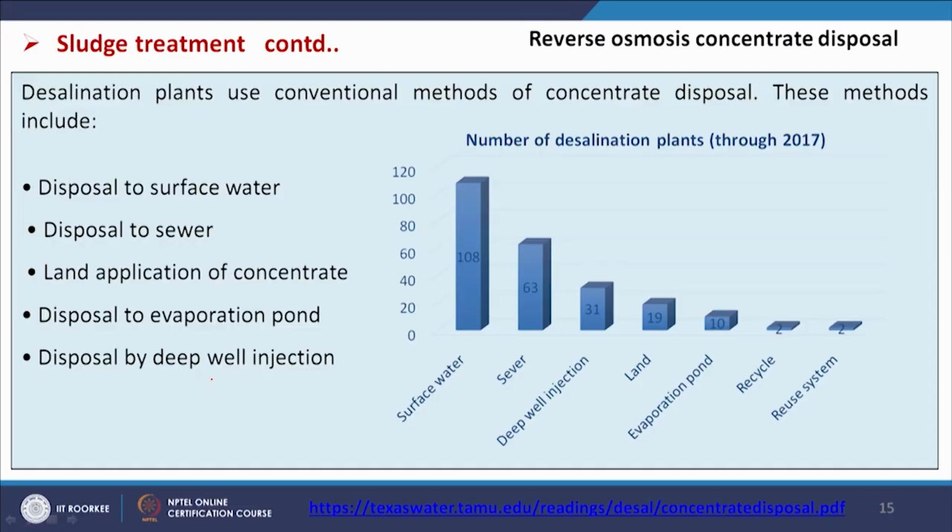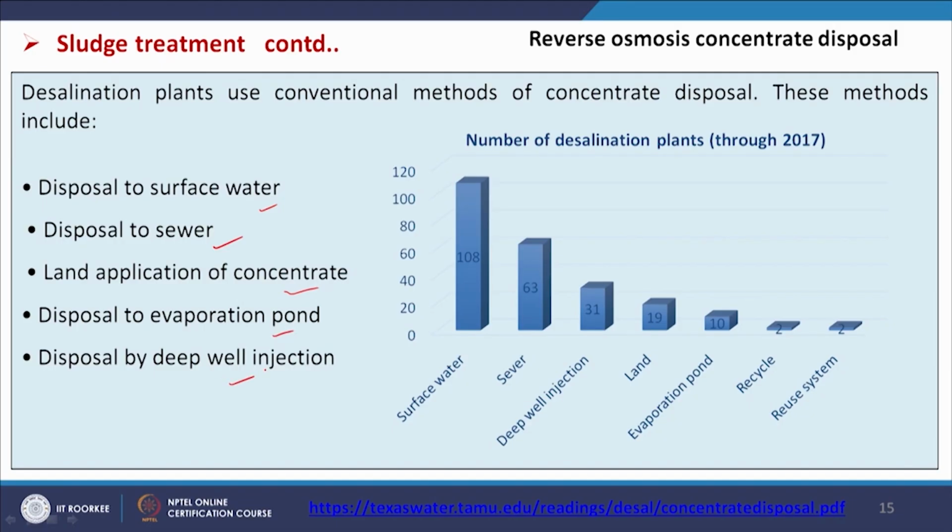Now, we will see the reverse osmosis concentrate disposal. This disposal is related to the disposal of the solids generated through the tertiary method. Desalination plants use conventional methods of concentrate disposal. These methods include disposal to surface water, disposal to sewer, land application of concentrate, disposal to evaporation pond, and disposal by deep well injection.